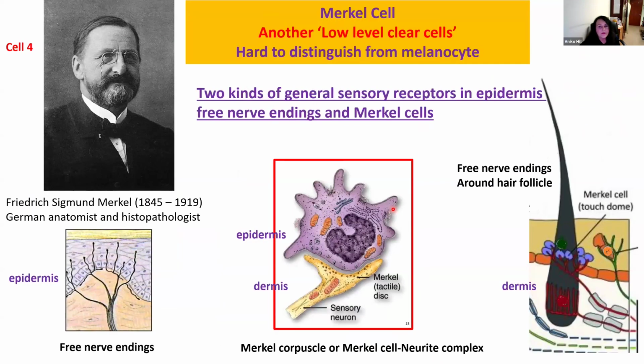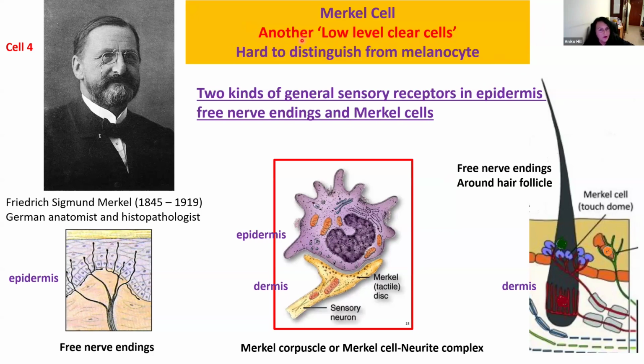Okay. So here we go. So this is, I borrowed this couple of slides from lecture 1 because I didn't want to share back and forth. So this is the detailed description of the Merkel cell, which is also called low level clear cells.